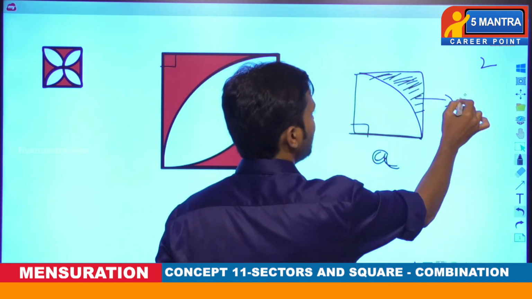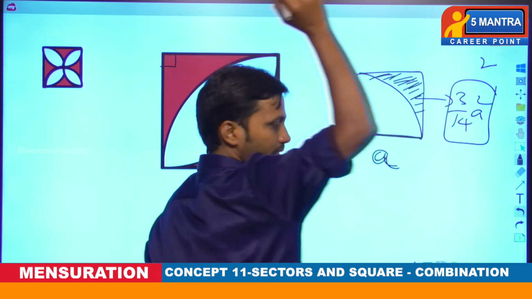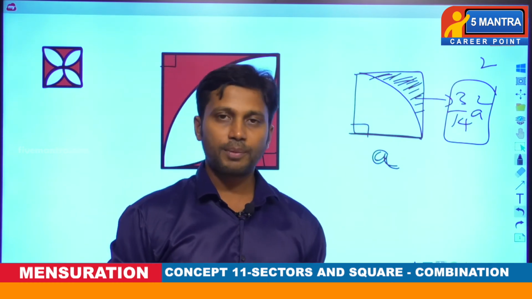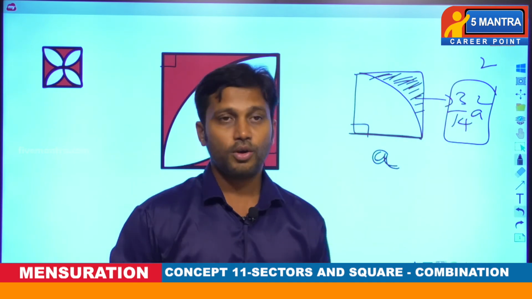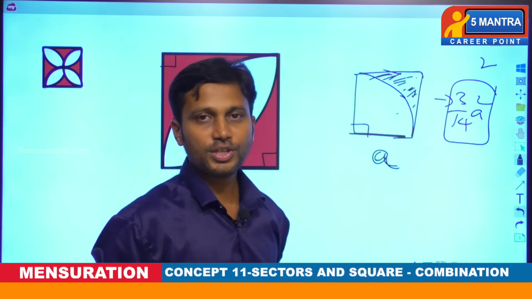This also I said 3 by 14 A square in the first case, if you remember. Otherwise, those guys who didn't watch this video, in our playlist you can go for the concept 1 video, you can get this. Okay, so here what is the area of this shade? This portion would be 3 by 14 A square or not?